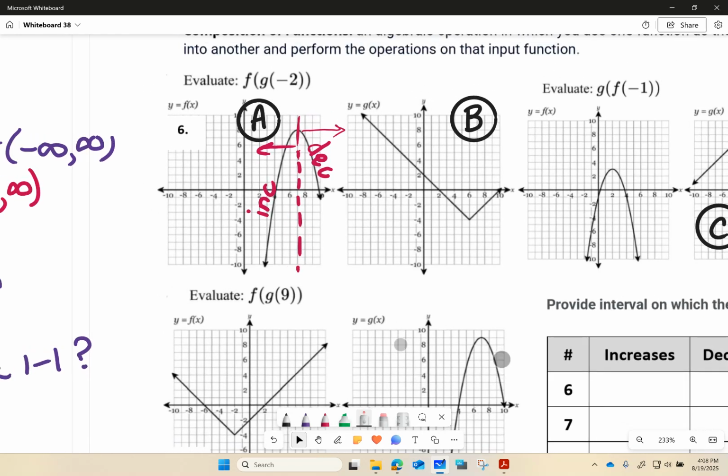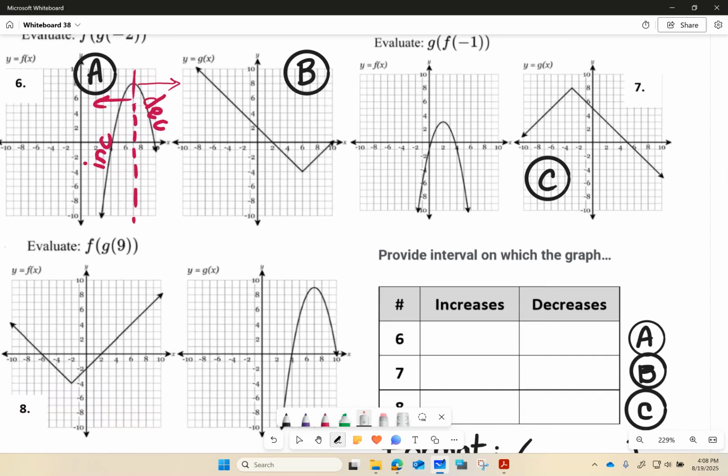So in your notation for increase, decrease intervals, you're going to say, on the left-hand side, it increased. So from negative infinity all the way to positive 7, it was increasing. And then after 7 and to the right, it decreased. So you're telling the reader which half increased, which half decreased.